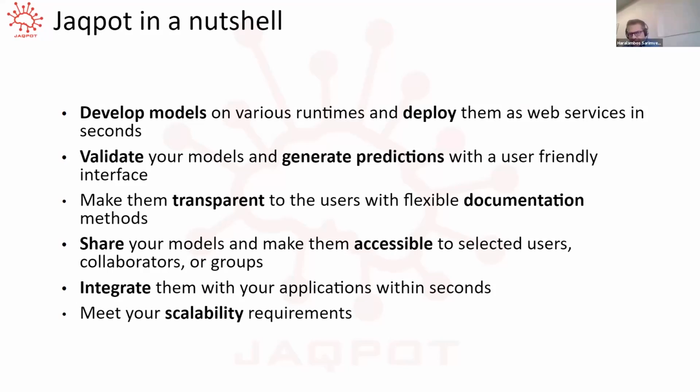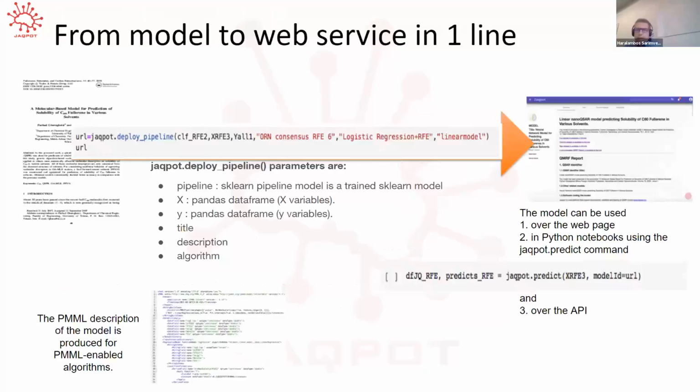Validate models and generate predictions using user-friendly interfaces. Make the models transparent to the users. We're providing different ways and flexibility for documenting the models. Share your models and make them accessible to users, collaborators, or groups. Integrate them with other applications and meet scalability requirements.